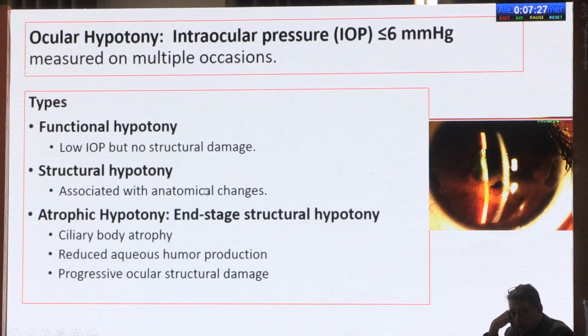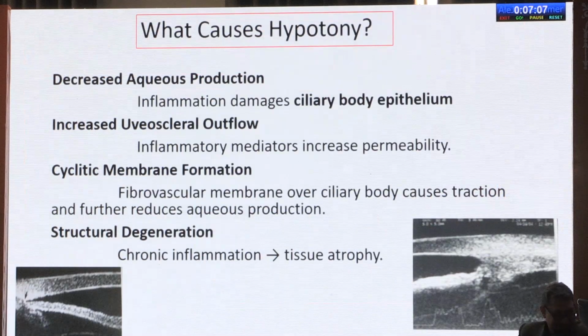Because if you don't intervene when there is structural hypotony, you could end up in atrophy, which is the late stage of structural hypotony, which means your ciliary body is atrophied, with reduced production and progressive ocular structural damage.